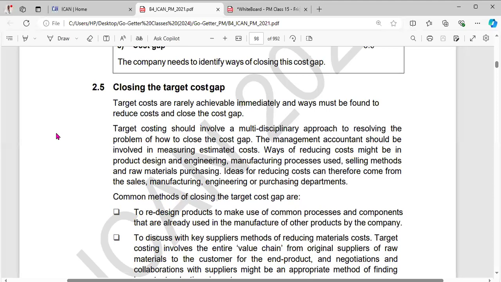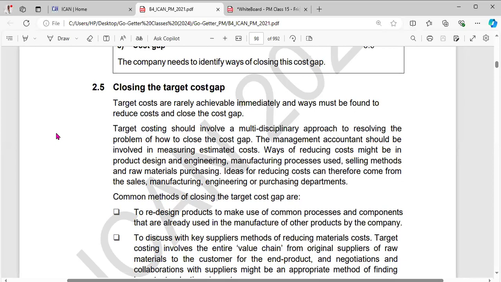The management accountant should be involved in measuring estimated costs, and ways of reducing these costs might be in the product design and engineering, the manufacturing processes used, selling method, raw material purchasing. All these things, ideas for closing the gap could be gotten from there.